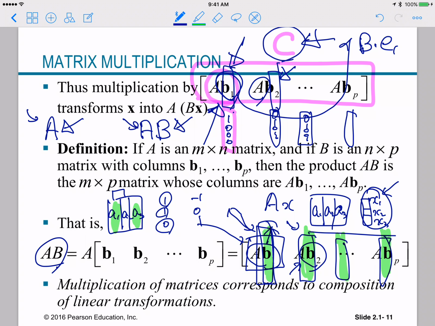So again, we talk about the span of A and A times B, and we want to compare those two span spaces. The first question is, are the vectors from those two spans living in the same space? Yes or no?